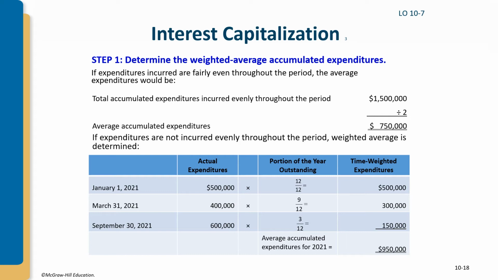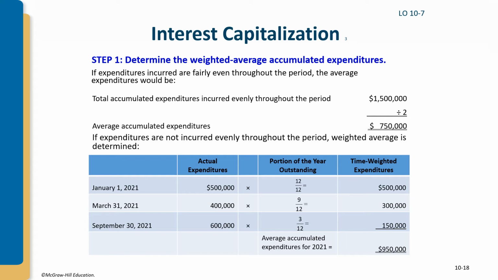March 31st is our next payment of $400,000. So if we had to borrow $400,000 on March 31st, how long would we calculate interest for in that year? 9/12. So not all 400,000 would be used to calculate interest. Only 300,000 of it, because 9/12 was the outstanding portion during the year.